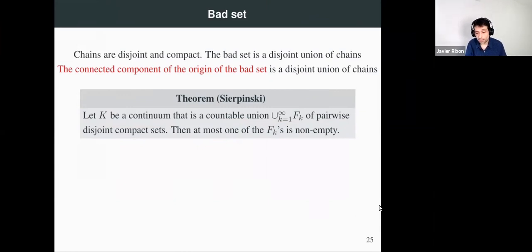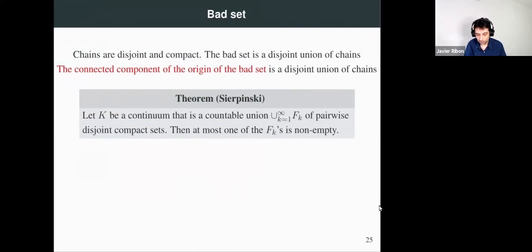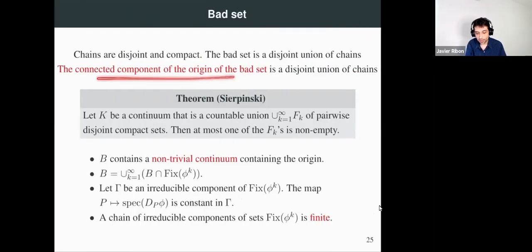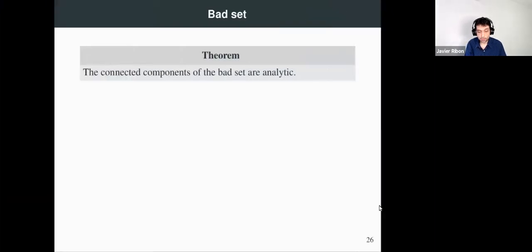So that means that the connected component of the origin of the bad set is indeed a chain. So it's an analytic set. And in particular, since it's a non-trivial continuum, it has to contain an analytic curve through the origin. So that's the proof. That's what we prove: the connected components of the bad set are analytic.